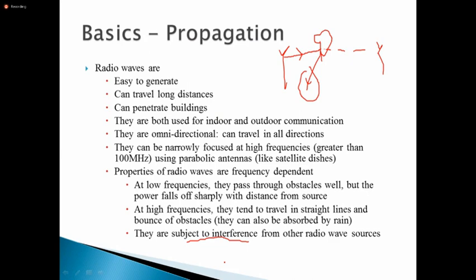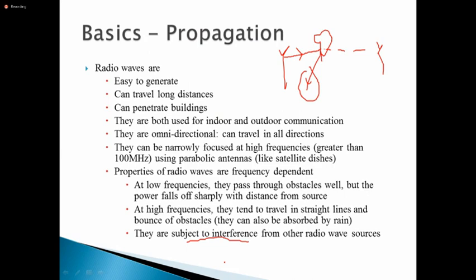So in radio wave propagation, we need to always keep in mind all these things, right? And we need to identify which types of things affect the radio wave propagation in free space, right?